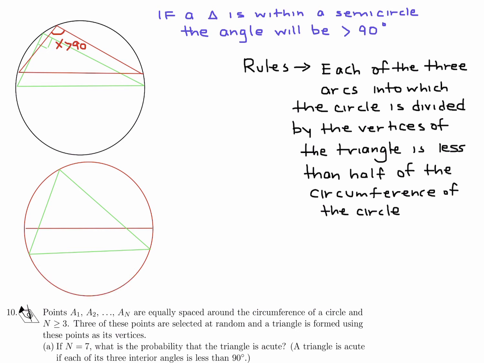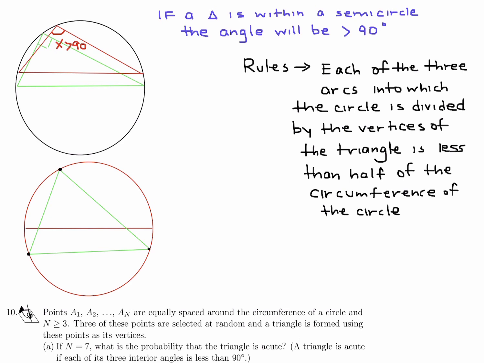Each of those 3 arcs into which the circle is divided by the vertices of the triangle, these are the vertices, first vertex, second vertex, third vertex. Each of those arcs is less than half of the circumference of the circle.